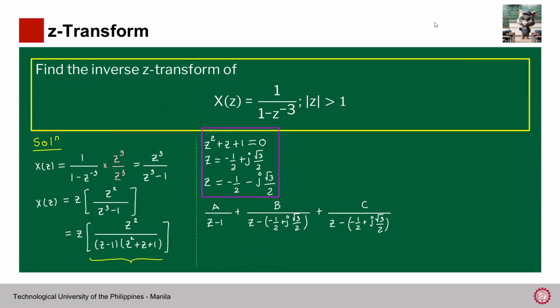So this is what we will get the partial fractions from. Let's do them one by one, guys. A first. How do we find A? To find A, you simply take our original expression, which is Z squared over the denominator, and remove the denominator of A, which is Z minus 1.